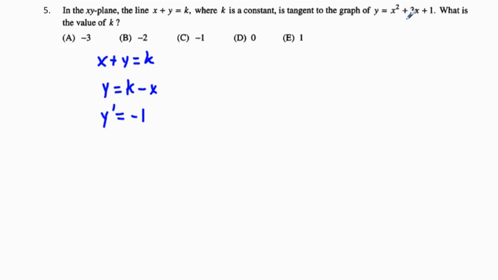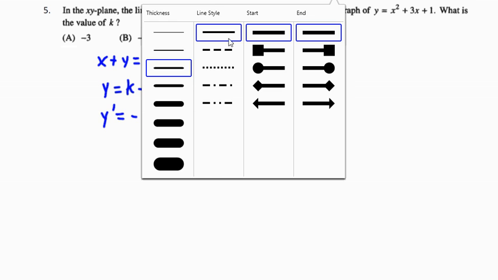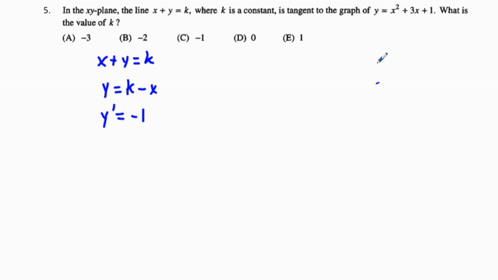And now we're going to take this function here, y equals x squared plus 3x plus 1, and that's going to be y prime is equal to 2x plus 3. And then we're going to take this negative 1 here and replace this y prime over here, because we know that's what we're going to have.